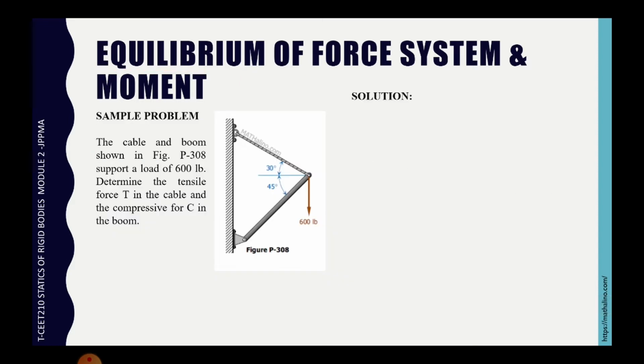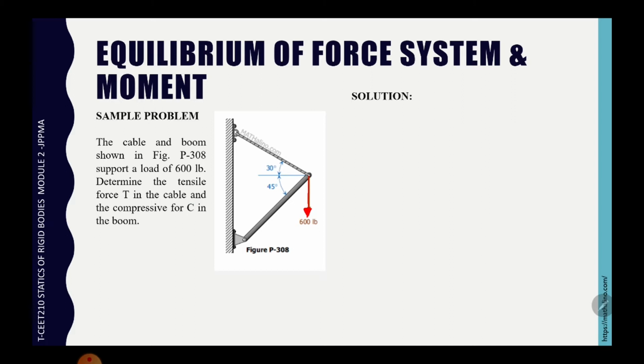For this example, the cable and boom shown in figure support a load of 600 lb. As you can see, meron ditong load going down kasi load siya. So, going down 600 lb. Determine the tensile force T in the cable and the compressive force C in the boom.